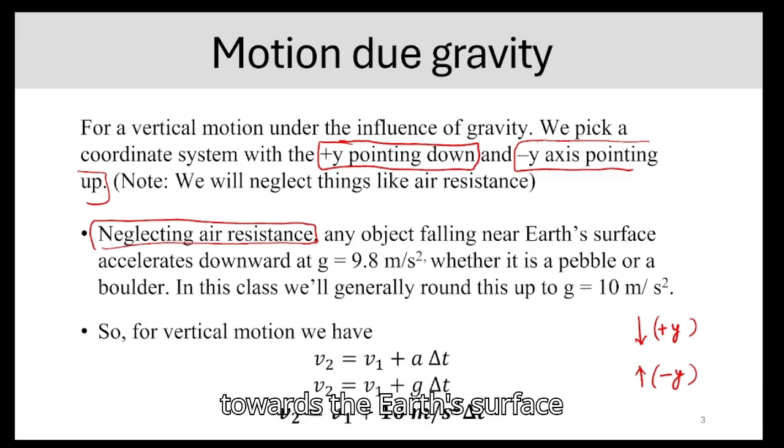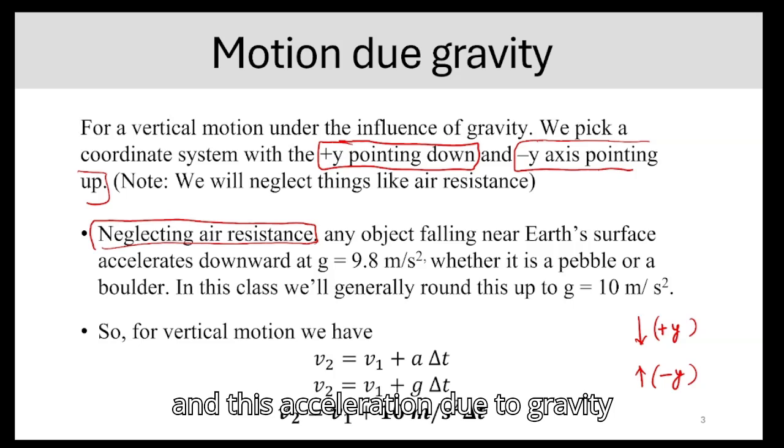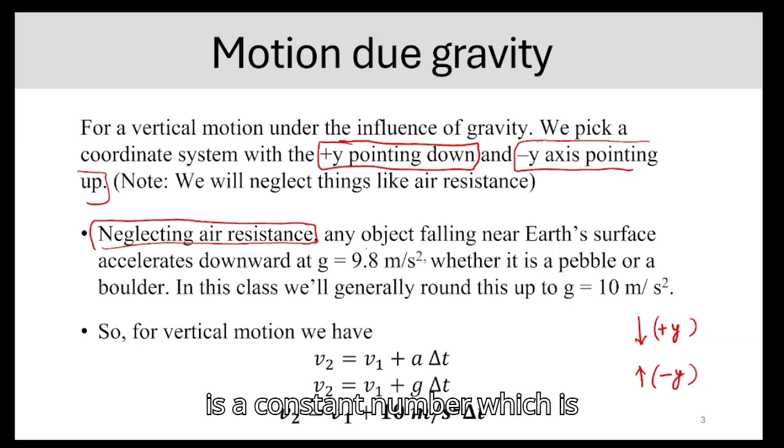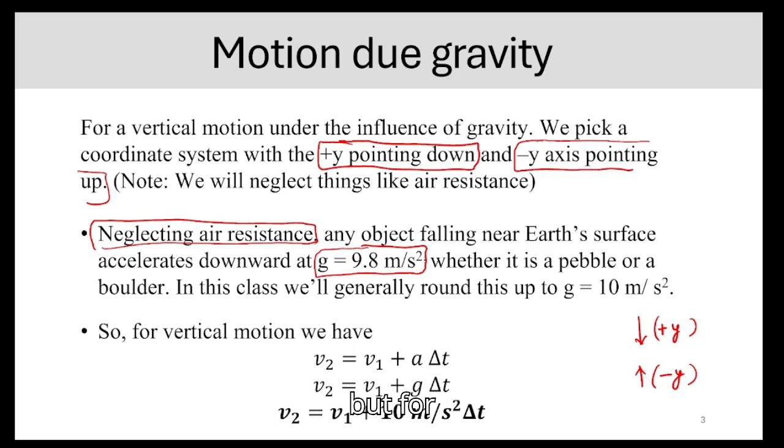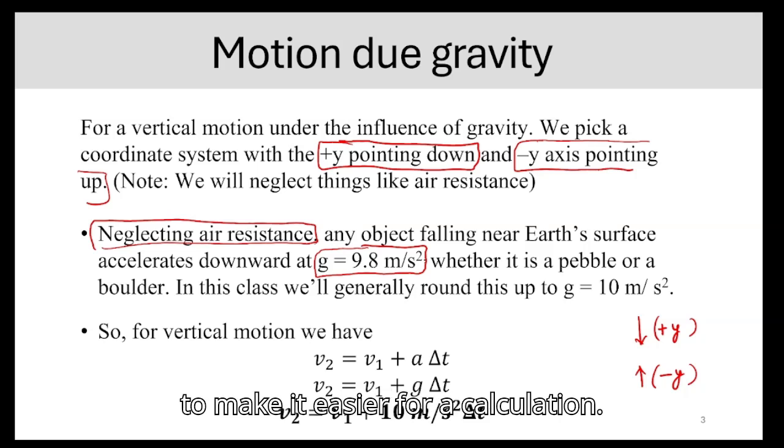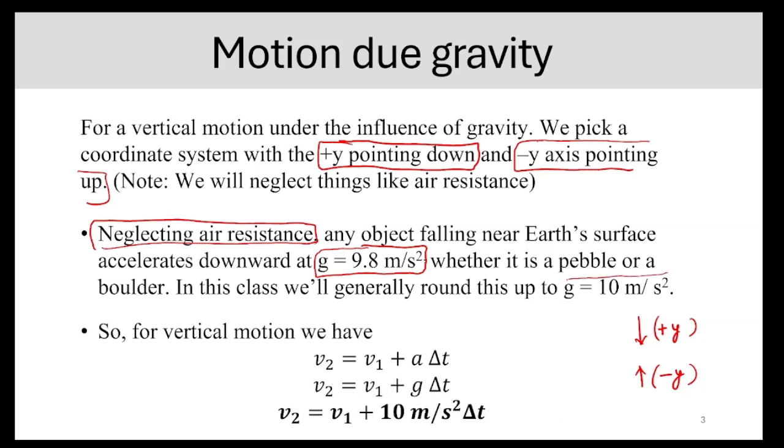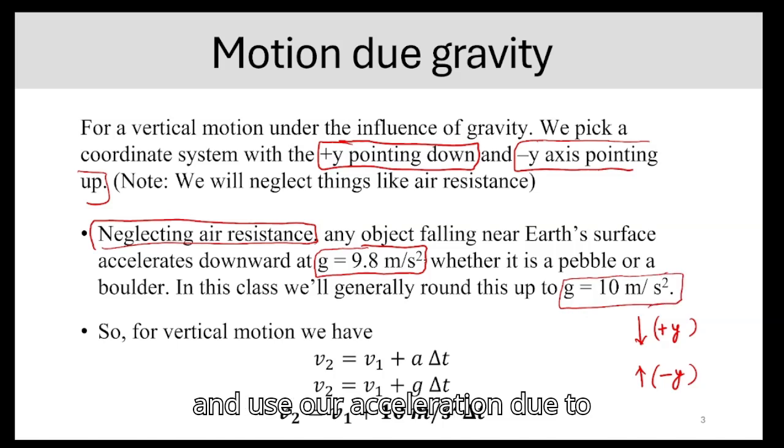Toward the Earth's surface, this acceleration due to gravity is a constant number, which is 9.8 meters per second squared. But for this course, in order to make calculation easier, we will round up this number and use our acceleration due to gravity as 10 meters per second squared.